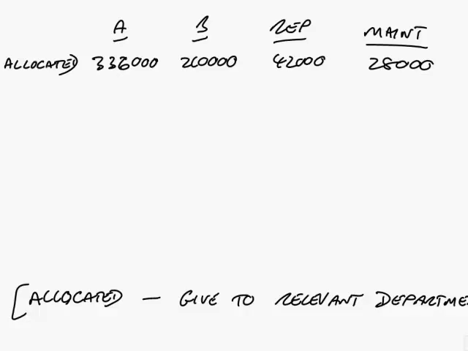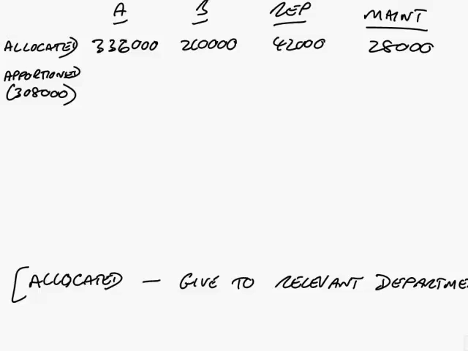Maybe the total rent bill for the factory is 308,000. We just get one bill, but we then have to share it between the departments. Give a bit to each department. If it's rent, probably on the size of the department and so on. But here it says we're to split it, apportion it 40%, 30, 20, 10.